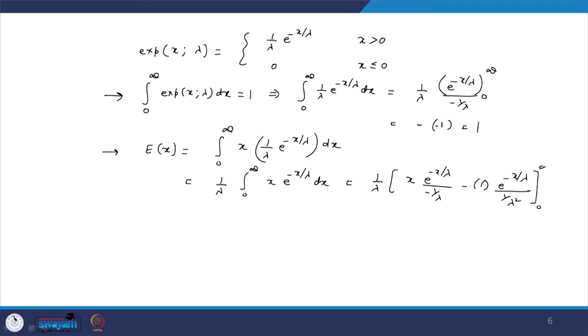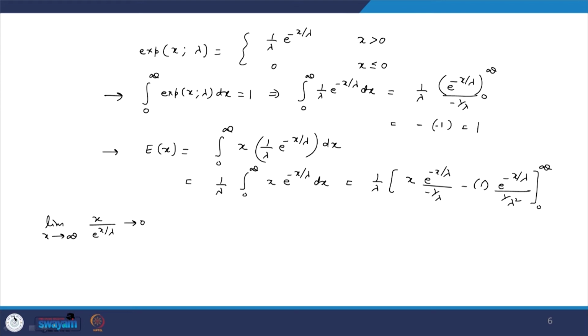from 0 to infinity. Now, when x tends to infinity this value tends to 0, we can show it also. See, the limit as x tends to infinity of x upon e raised to the power x upon lambda tends to 0. This is very easy to show. Okay. Either you apply L'Hospital's rule or you can expand the series of e raised to the power x.